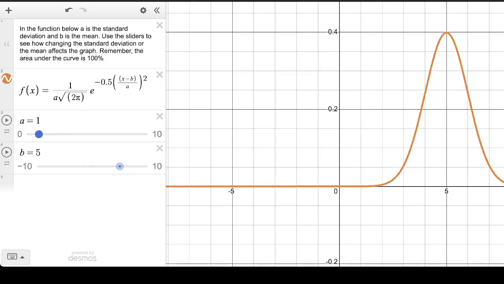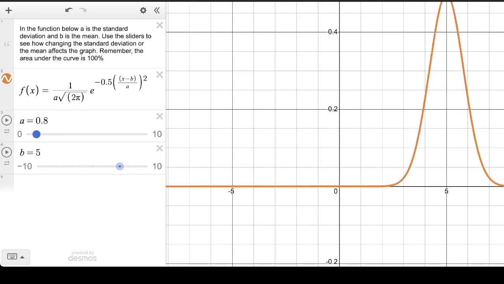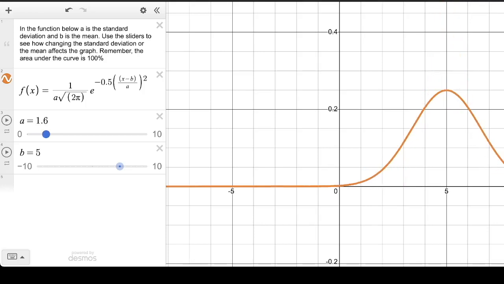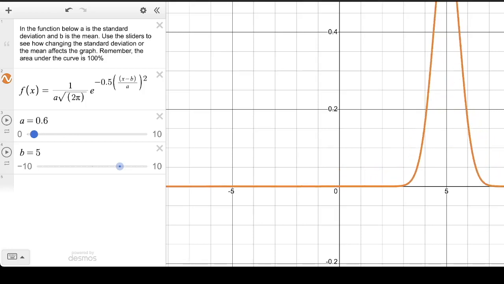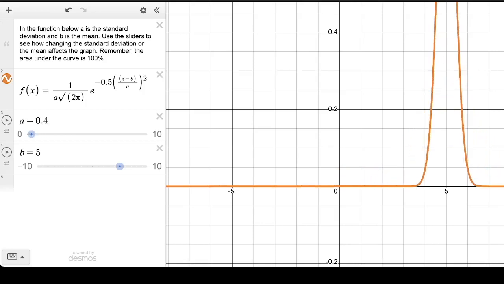The standard deviation is telling us on average how far from the mean values are. So if I make the standard deviation bigger, this curve becomes flatter and wider, and on average things are farther from the mean. Whereas if I make it smaller, it becomes skinnier and stuff gets closer to the mean.